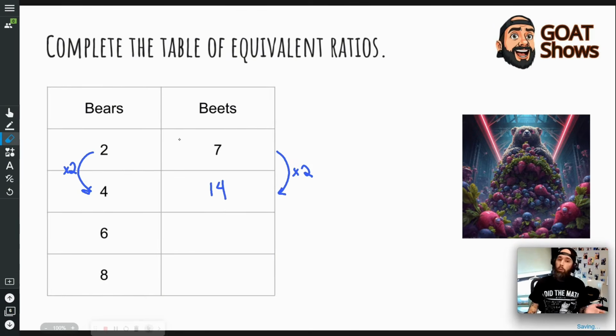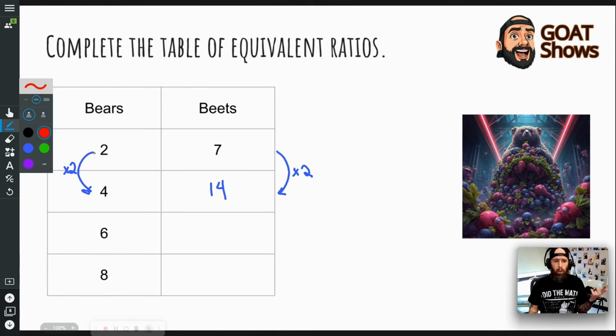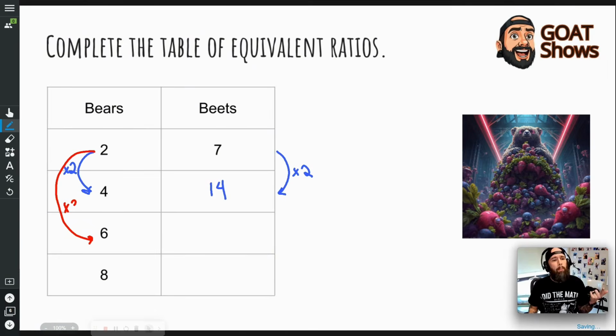The ratio 2 to 7 is the same as 4 to 14 because it's just double. How can I get from 2 to 6? I can multiply by 3. So I multiply 7 by 3 and get 21. So 2 to 7 is the same as 4 to 14, which is the same as 6 to 21.